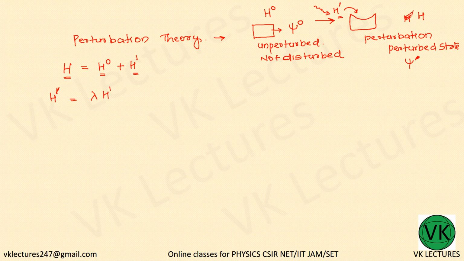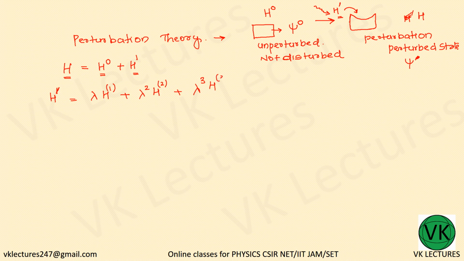So we will represent as the first order perturbation. Lambda represents the order of the perturbation, and in the bracket we have written 1, that represents the order of the perturbation, plus lambda square H2. So this is the second order perturbation, and now we have the third order perturbation.